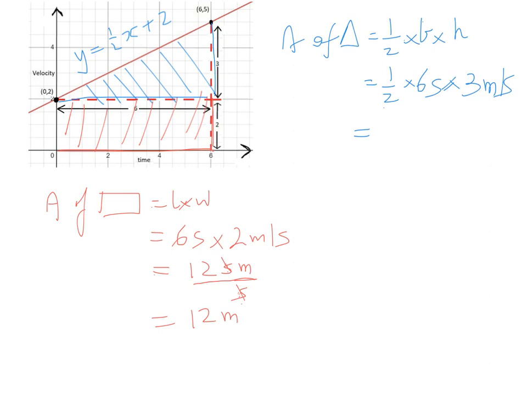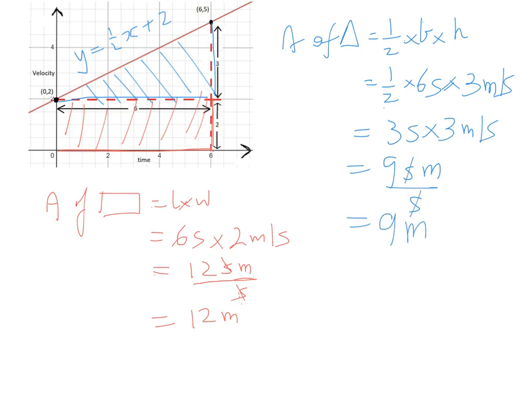So our next line, a half times 6 is 3 seconds, times 3 meters per second. So we end up with 9 second meters per second. Our seconds cancel out, and we're left with 9 meters.